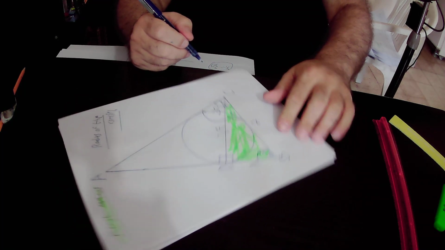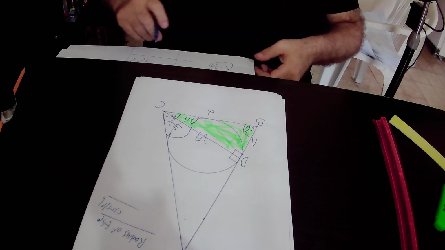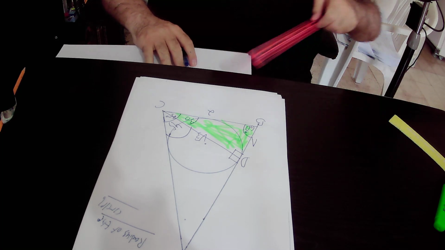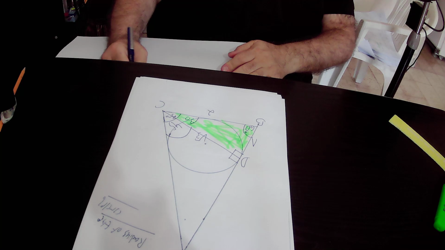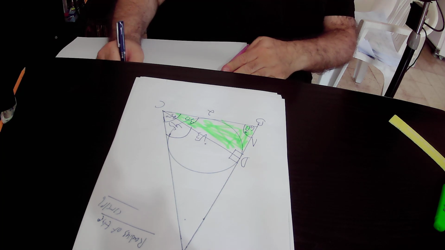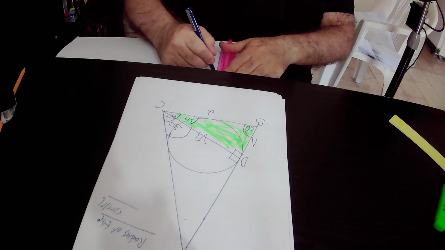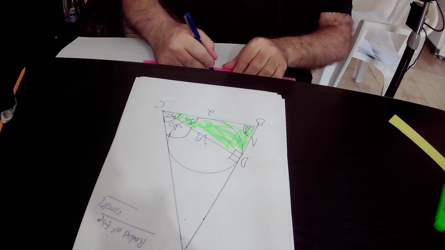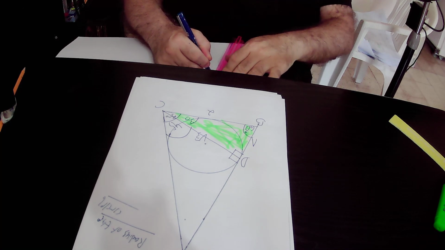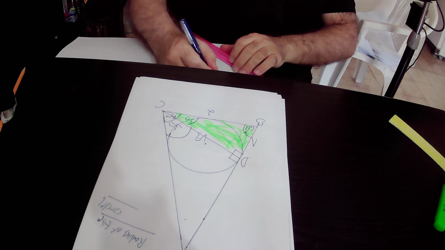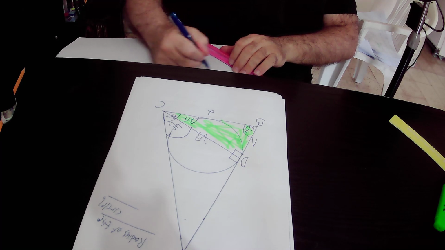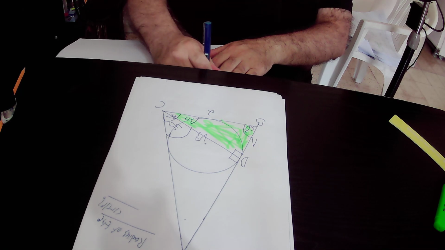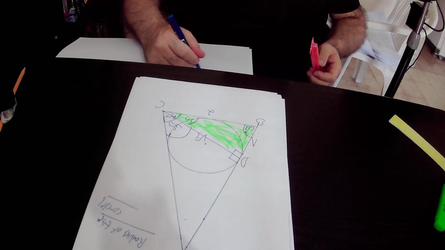In the next step, I will copy the right triangle ADC in a new page, and we will analyze triangle ADC. Angle ADC equals 90 degrees. Side DC equals square root of 3 units.